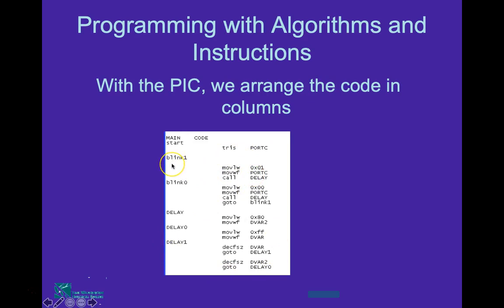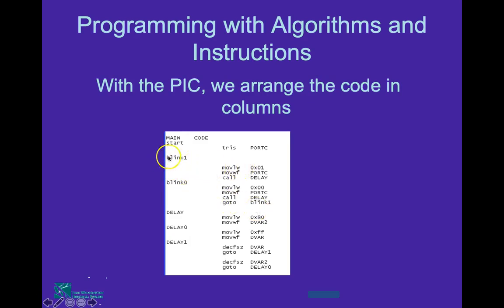Now if you look at the code, you will see that the labels blink 1 and delay have been called in the program. So these labels you can call into your program. For example, blink 1 has been called here under the blink 0 label, and you see this delay has been called here under the blink 1 label and under the blink 0 label.